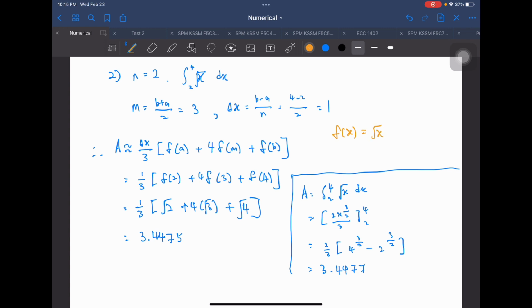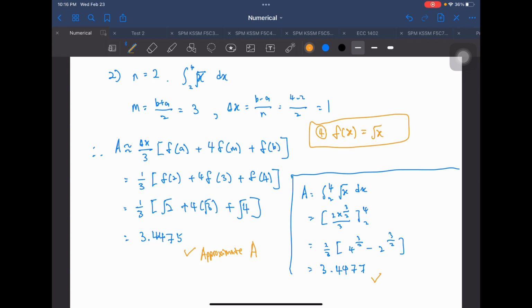Then you get 3.4475. If you do the integration, you find that this is 3.4477, so it's a little bit different. That's why we call this the approximate area under the curve.